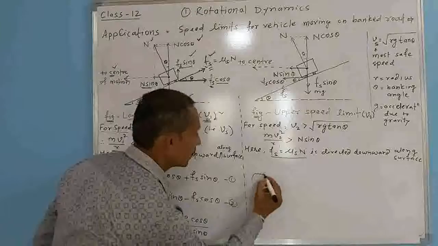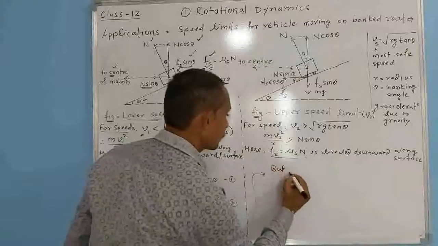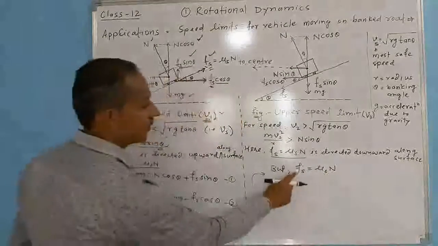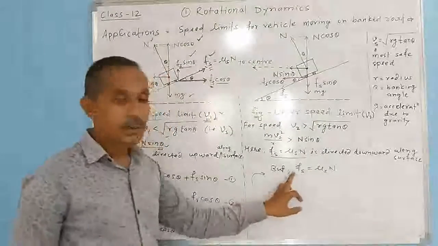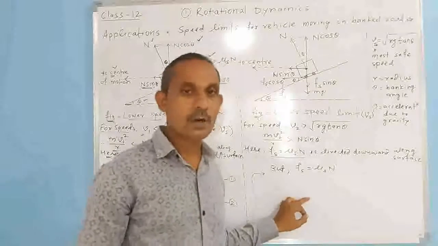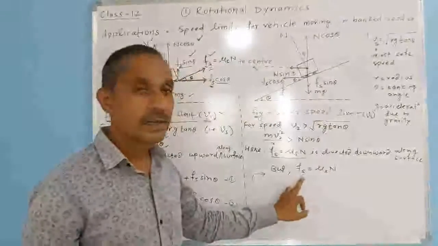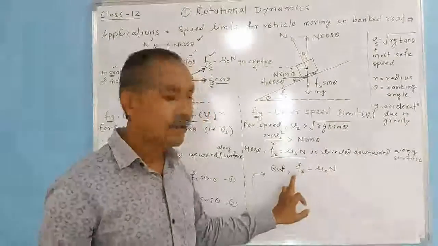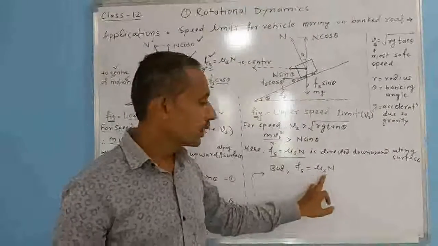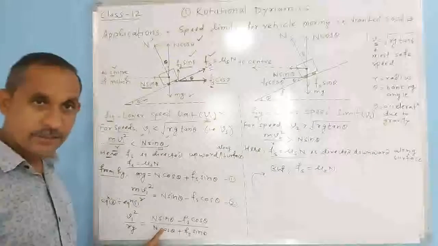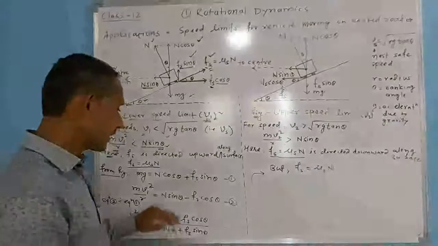Continuing at the right hand side, we know Fs means mu s N, the force due to static friction, which is called the frictional force Fs, and this always depends on the normal reaction, but in the limiting case we can write Fs is equal to mu s N. Place this in the previous equation and then we can solve.